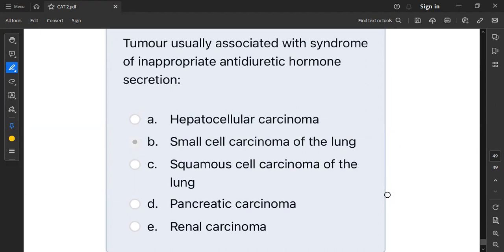You have the adrenocorticotropic hormone.